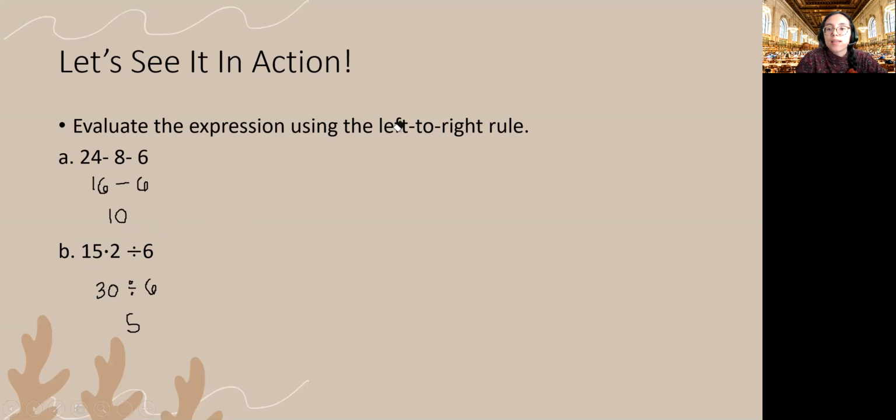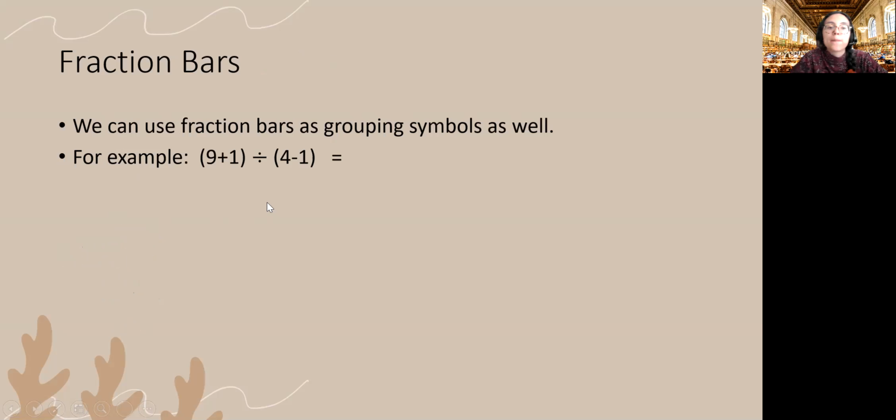Let's go on to the next one. Now, remember we said that we can denote division with this sign right here, or we can have fraction bars, or we have a number on the numerator and the denominator. So we can also use fraction bars as grouping symbols. I don't know if you remember what grouping symbols are.